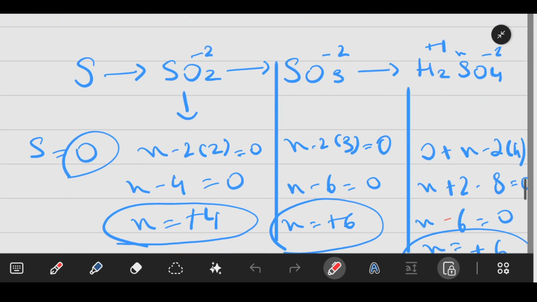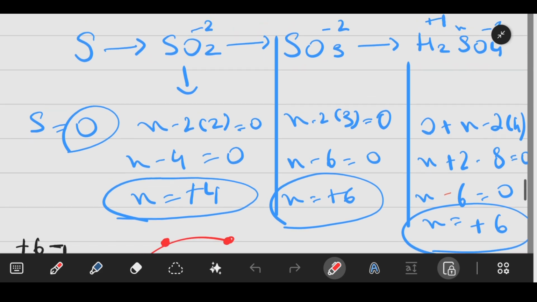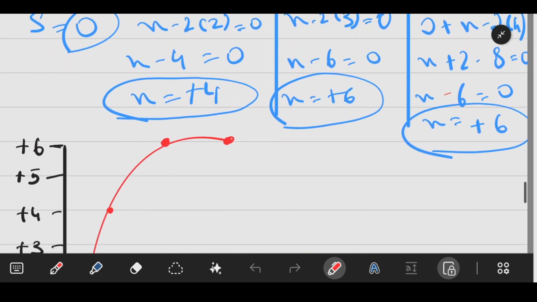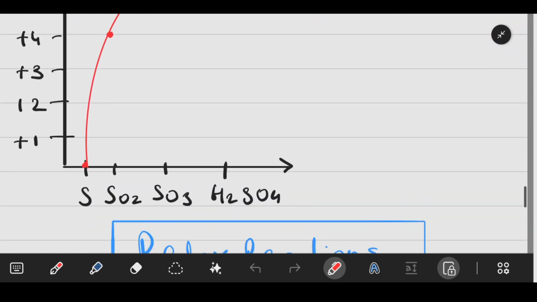We just basically assigned the values. We made an equation for the SO2, SO3, and then sulfuric acid, in which we looked into what the oxidation numbers in each of the 4 stages were. Next, we made a curve. The curve looks something like this.